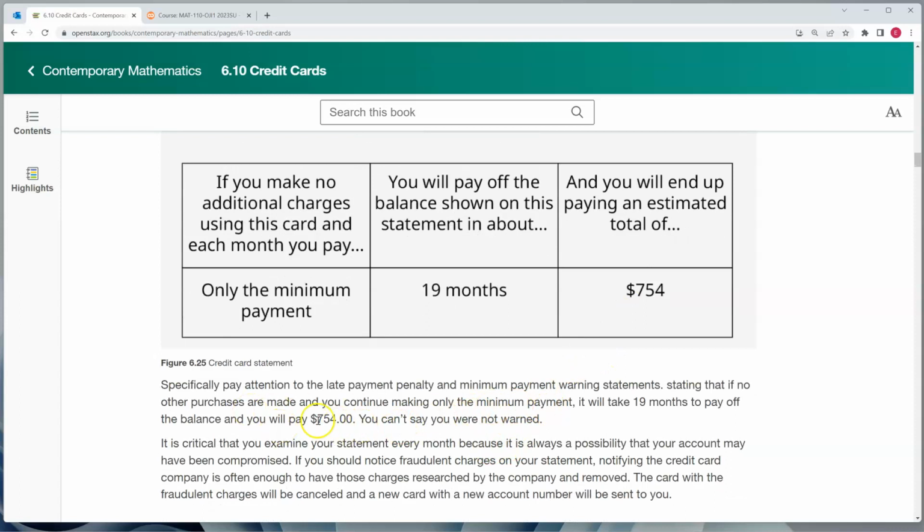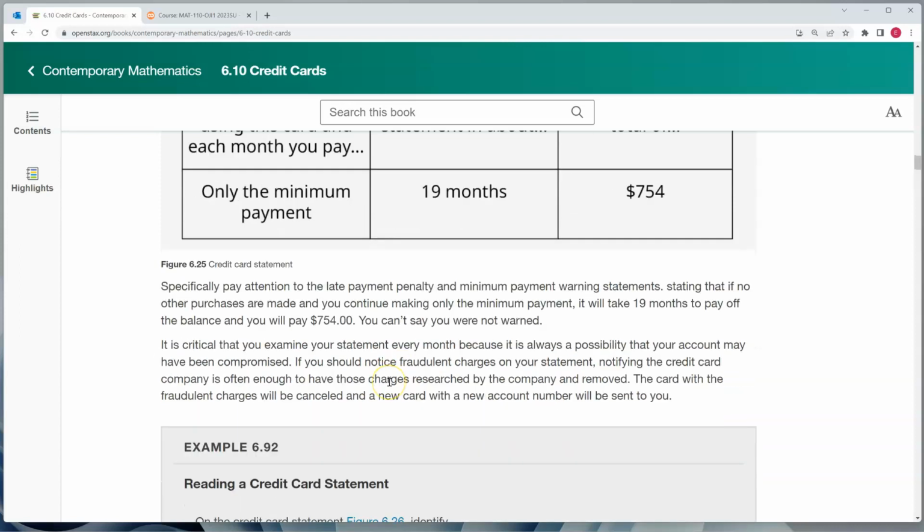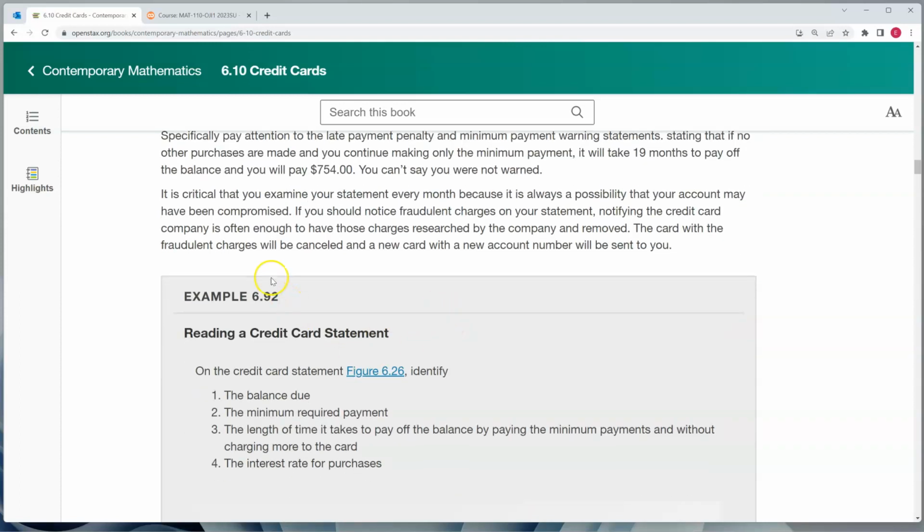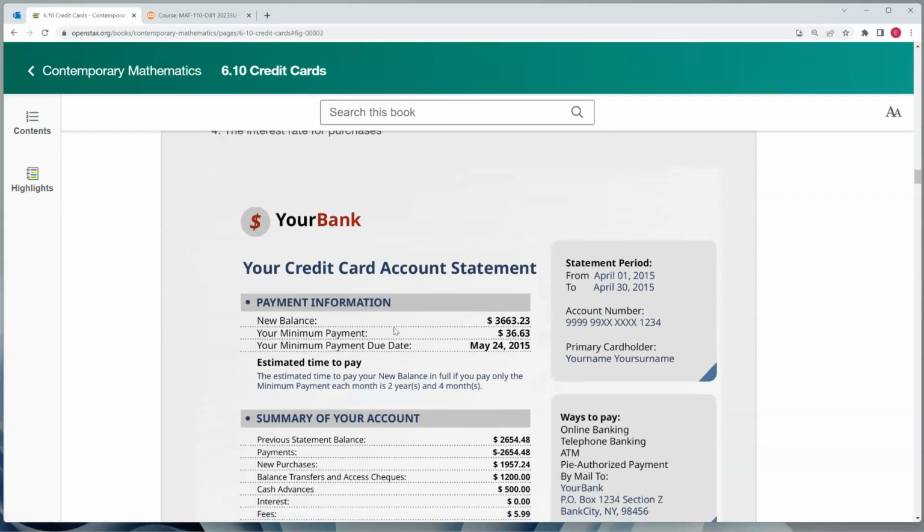So they do this so that you understand the impact of only paying the minimum payment. Yes, you can only pay $40, and you're well within your rights, and they're not going to send you to a collection agency. But it's going to take you almost over a year and a half to pay off this credit card, and that's assuming you never use it again.